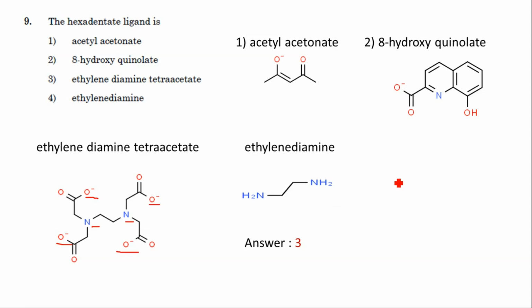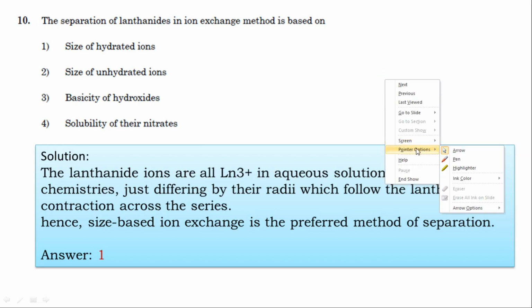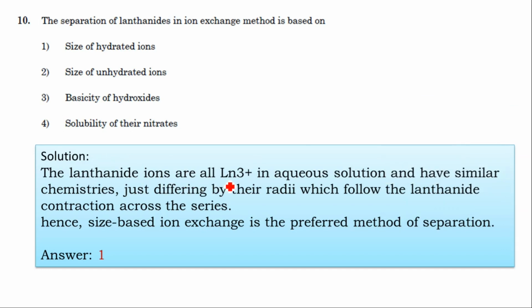Next question. The separation of lanthanides in ion exchange method is based on size of hydrated ions, size of unhydrated ions, basicity of hydroxide, solubility of their nitrates. Here you see, the lanthanide ions are Ln3+. Mostly due to lanthanide contraction, most of the oxidation state is 3+.